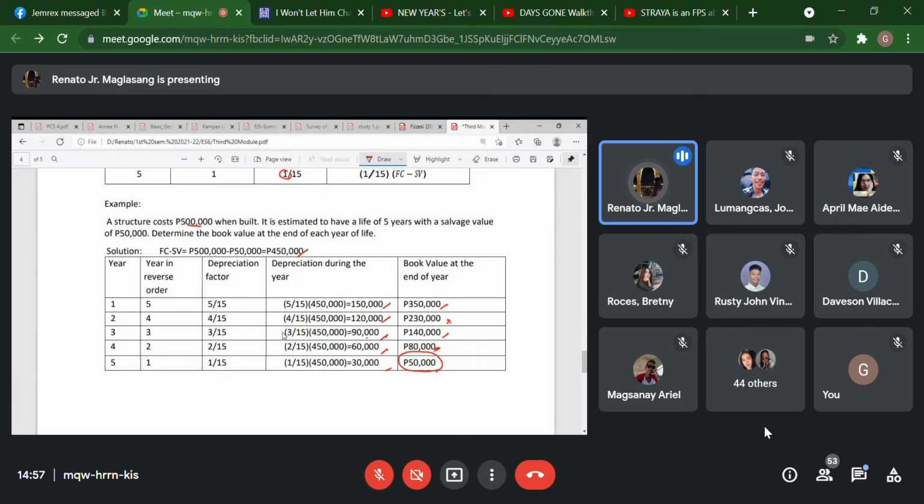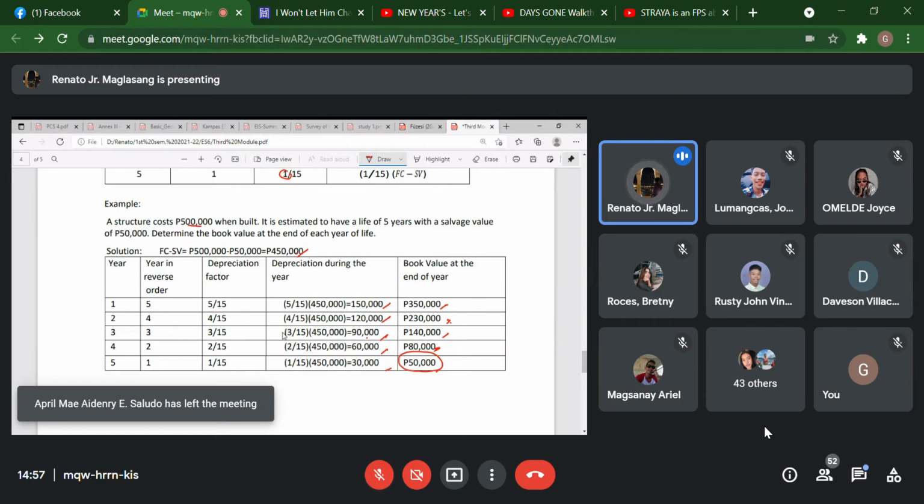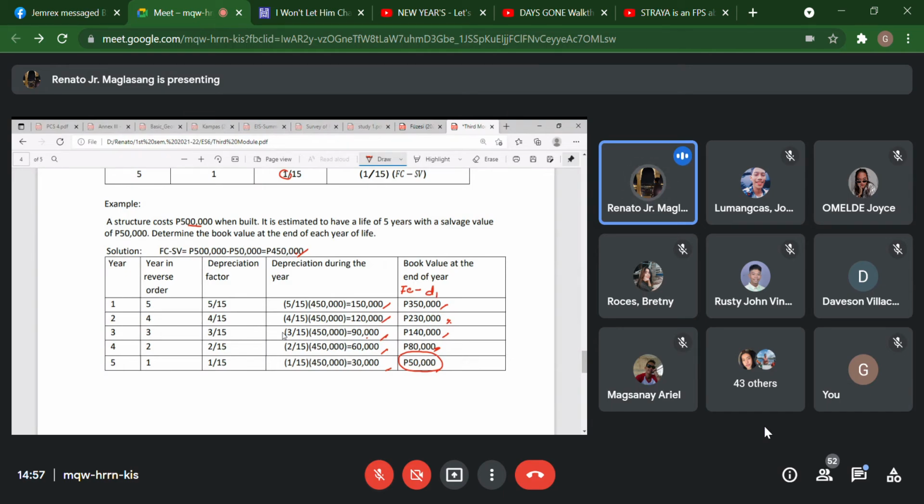Again, to get the book value at the beginning, it should be the first cost minus D sub 1, to get 350,000. Then for the rest, book value 1 minus D sub 2 gives book value 2.